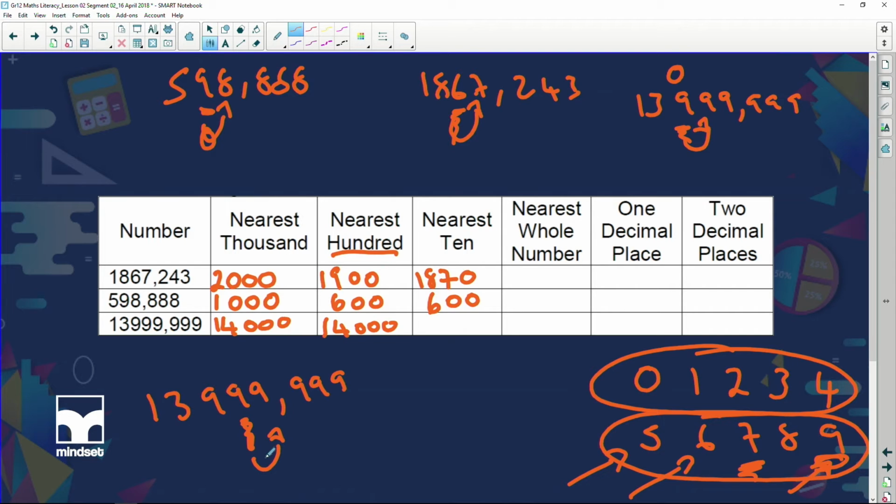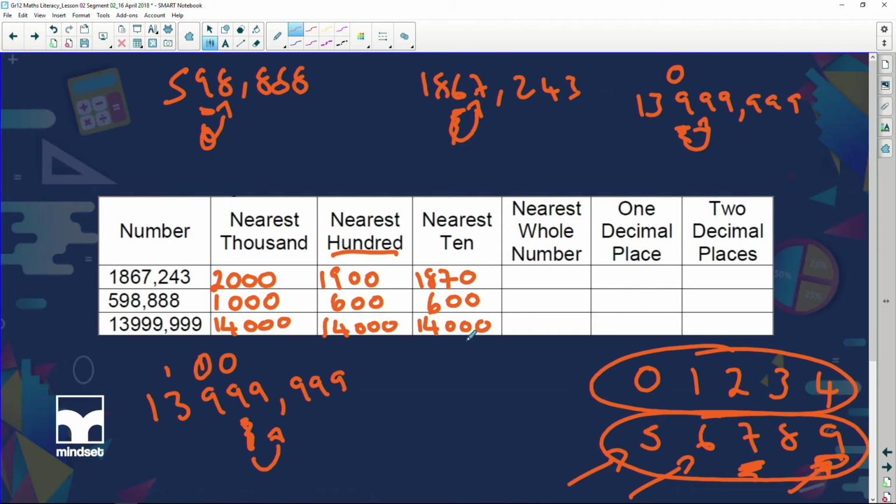So instead of 9, it becomes 10. But the problem is we're going to have to carry 1. Now what's 9 and 1? Also 10. And carry 1. So my answer is going to be 14,000. Yeah, that makes you think.